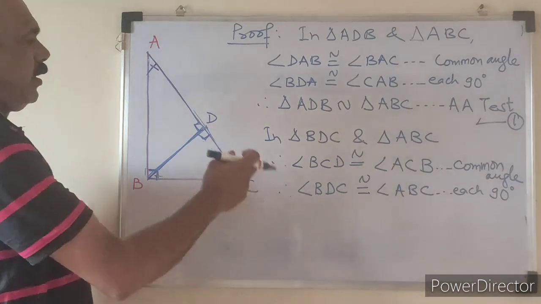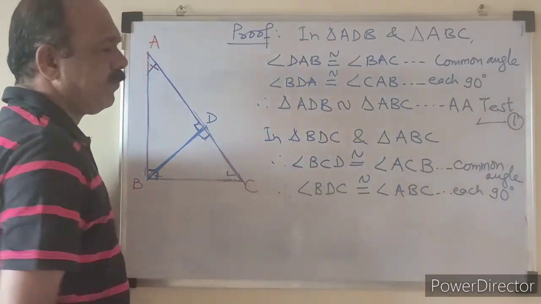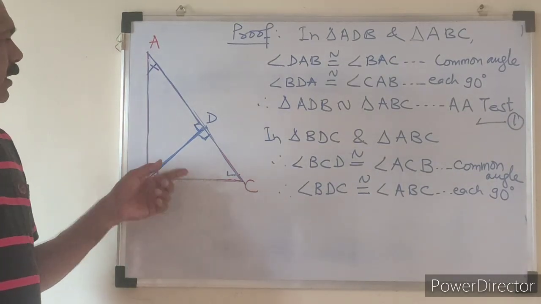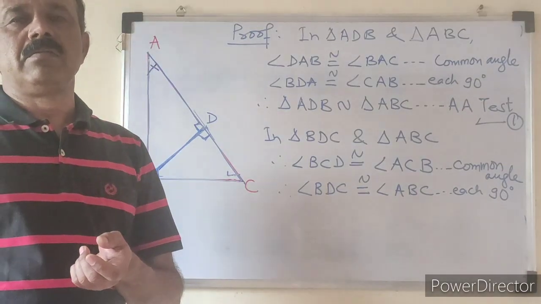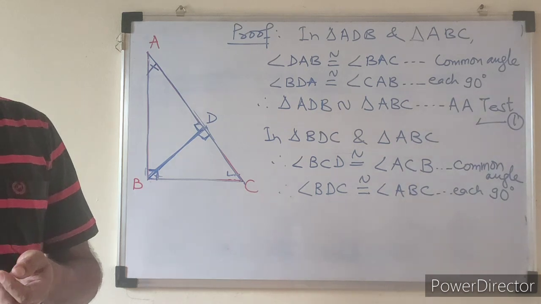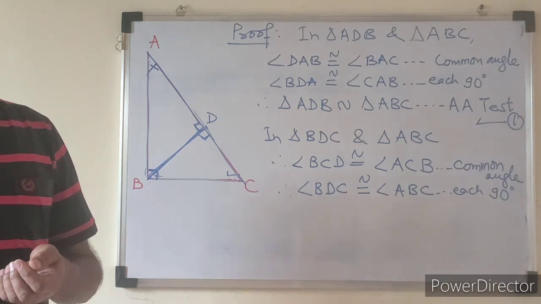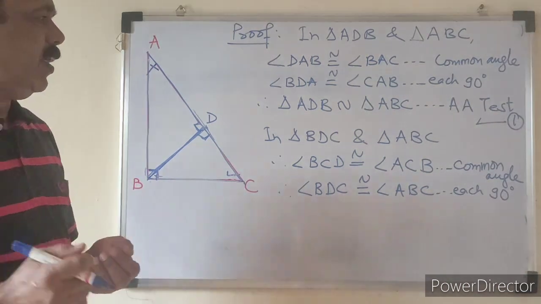So similarly, these two triangles BDC and ABC are similar to each other. That is, if two angles of one triangle are congruent to the corresponding angles of another triangle, then both triangles are similar according to the test of similarity.